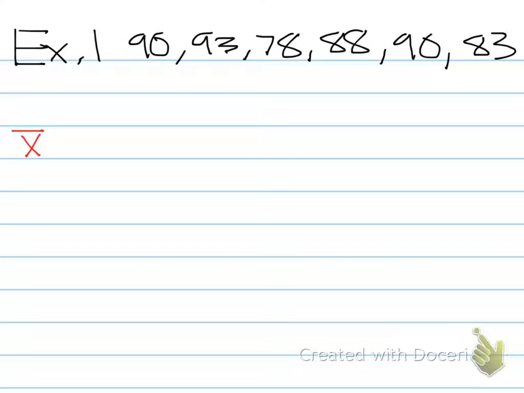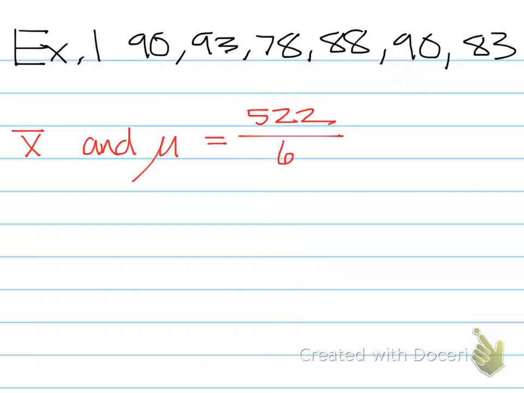Alright, so in this example we've got 6 numbers in the data set. X bar and mu, the sample mean and the population mean, are going to be calculated the same way. It's the sum of all the values divided by the number of values, which is 87.